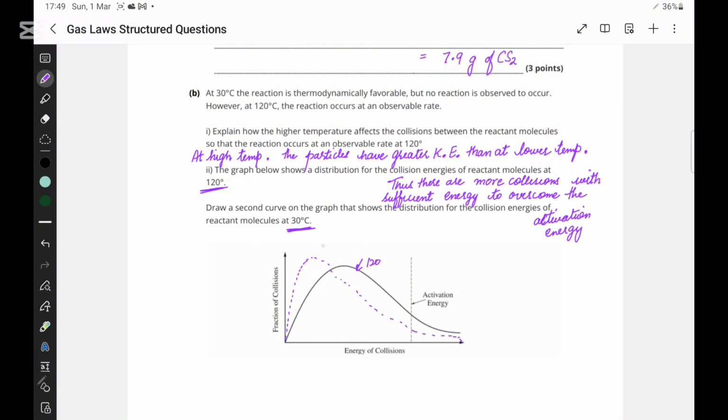So this is the place for 30 degrees Celsius. When the temperature decreases, the graph moves towards the left side, and when there is an increase in temperature, it goes to the right hand side.